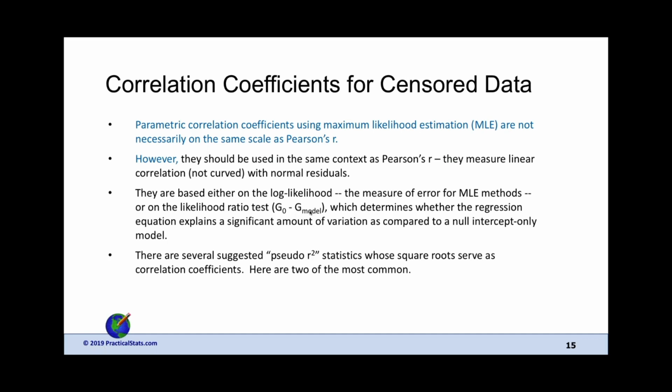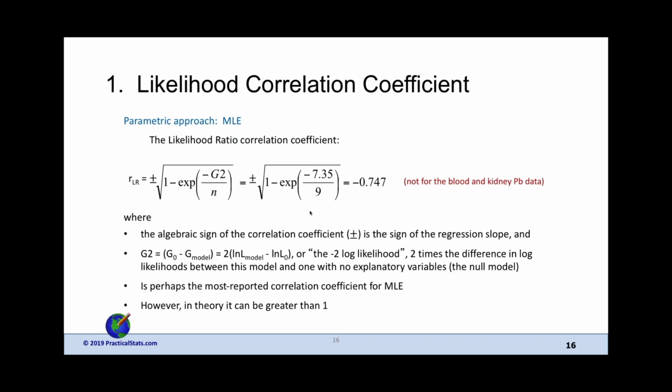Okay, so let's look at those. The first one is called the likelihood correlation coefficient, or the likelihood ratio correlation coefficient. It uses this G statistic. Again, this is just the difference between two models, a model with 1 x and a model with 0 x's. And it looks at the change in those error characteristics and says, when I add in an X variable, does that decrease the error?